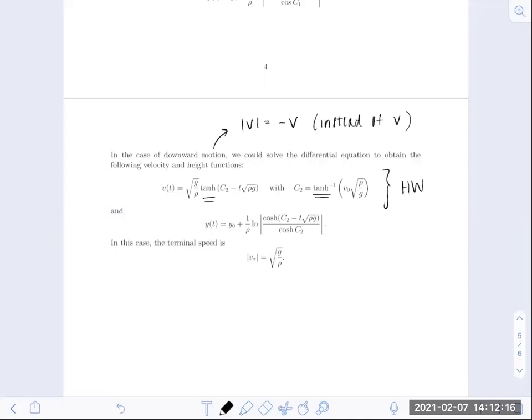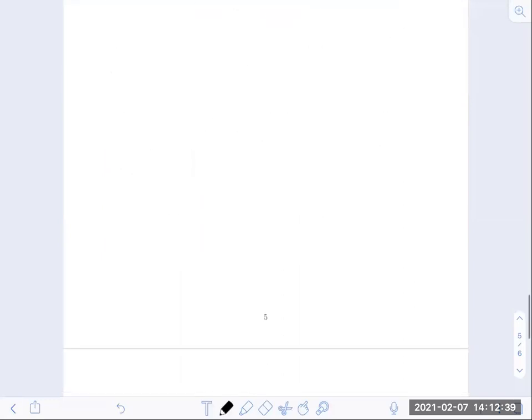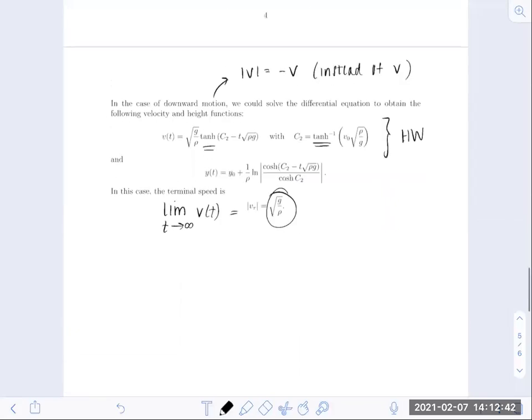And if you took a look at the terminal speed, remember all that is the limit as t goes to infinity of the velocity function. You would identify that that terminal speed is the constant square root of g over rho. So here again, where rho is that drag coefficient, k over m. All right, and that concludes our notes here over section 2.3, acceleration and velocity.